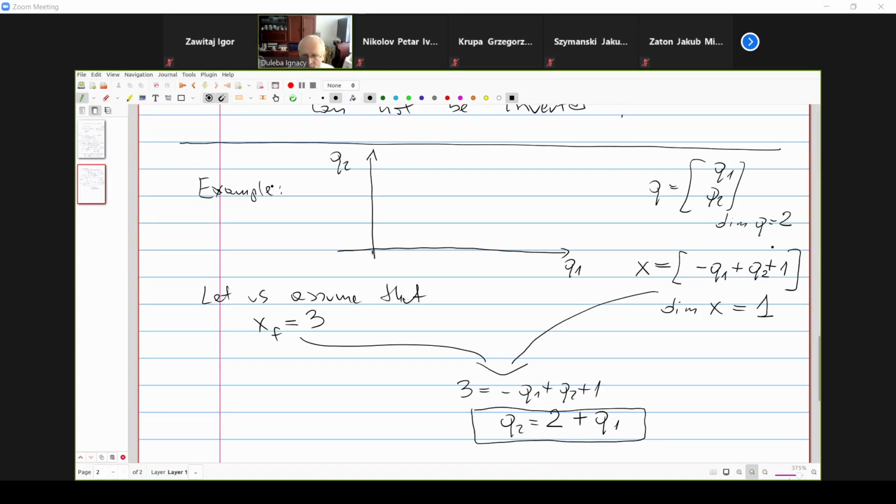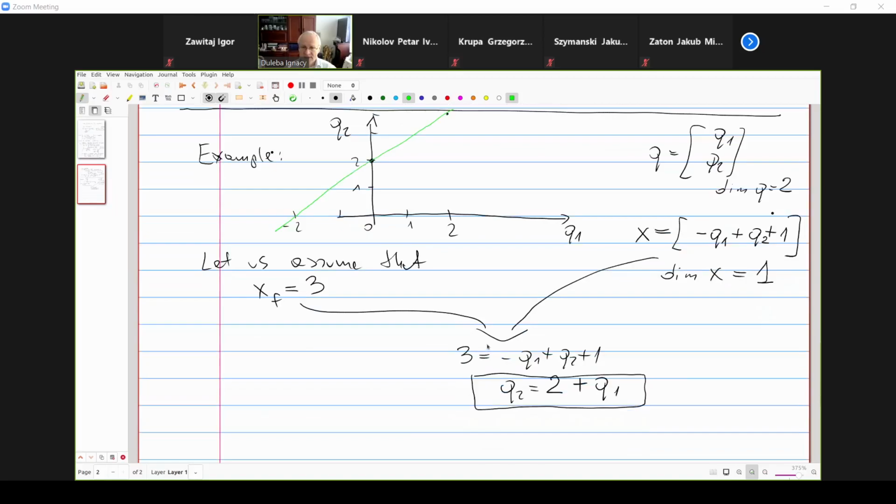So for Q1 equal to 0, we have here a point, 0, 1, 2, so Q2 is 2. Okay, so I've drawn all solutions of the inverse kinematics problem for this very simple example.